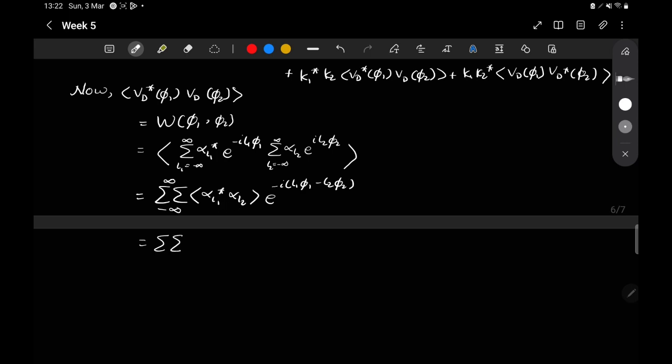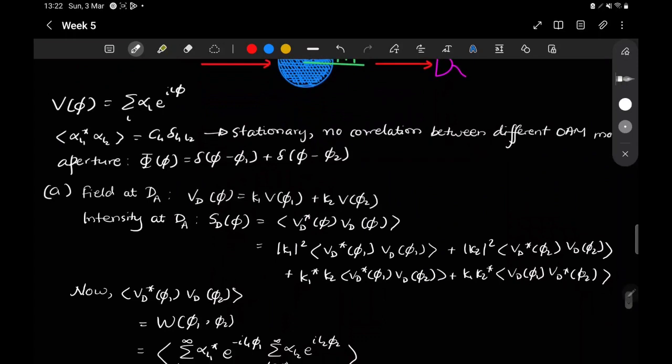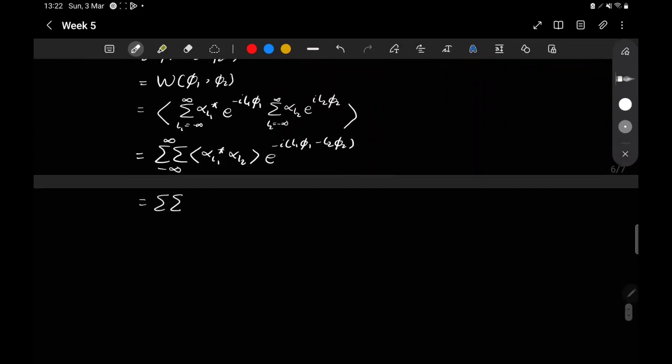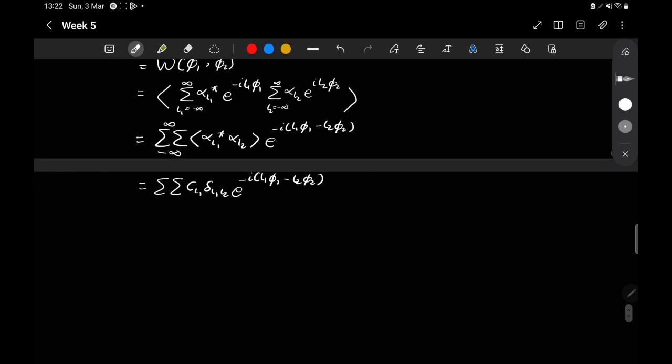Now this we are already given is c times delta function, so this is C_L1 delta L1 L2. One summation will go away because of this delta function when we sum over L2. So let us perform the L2 summation.